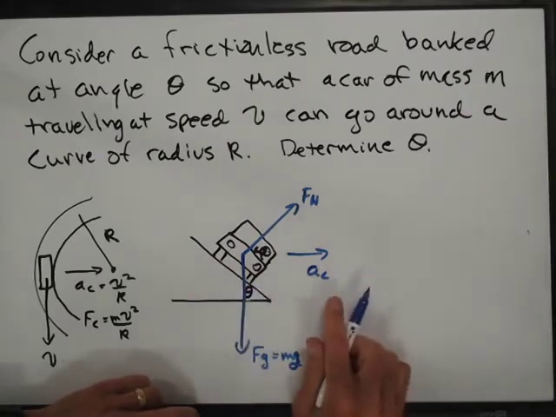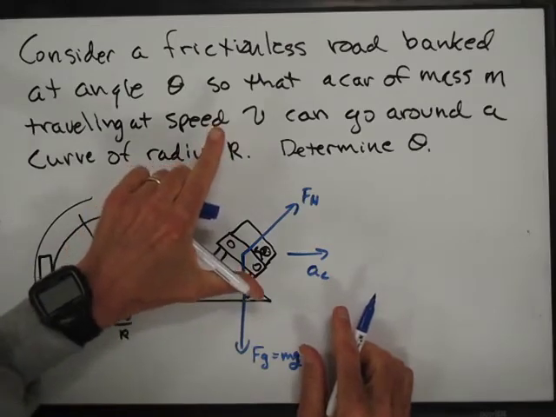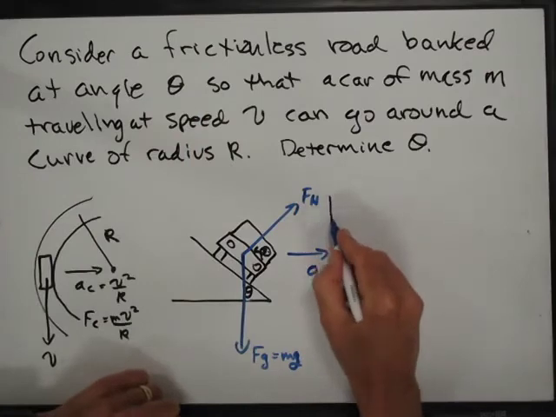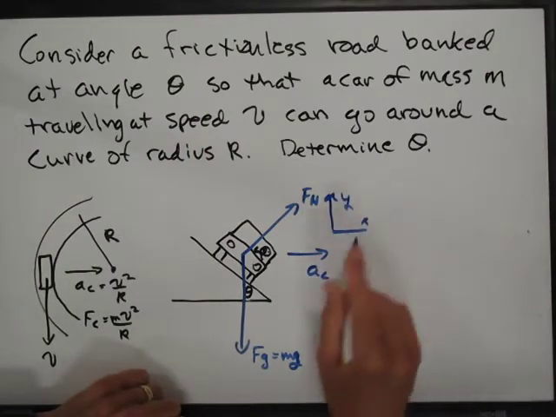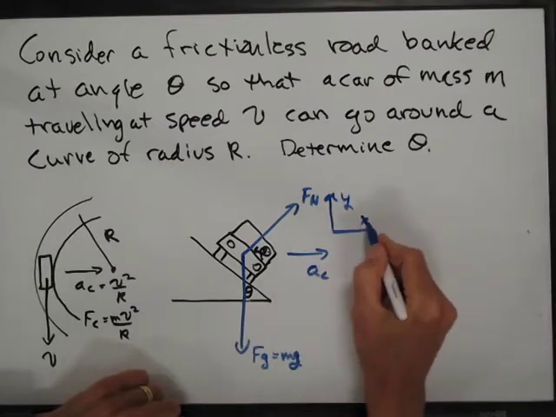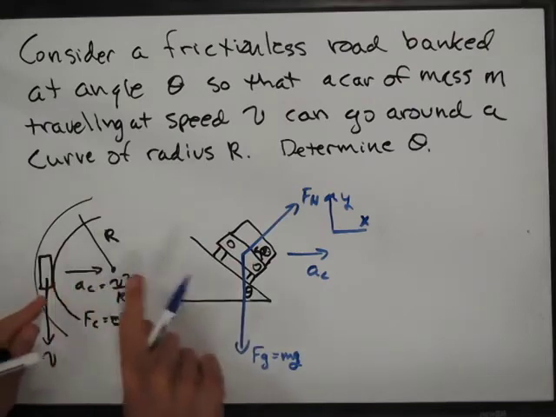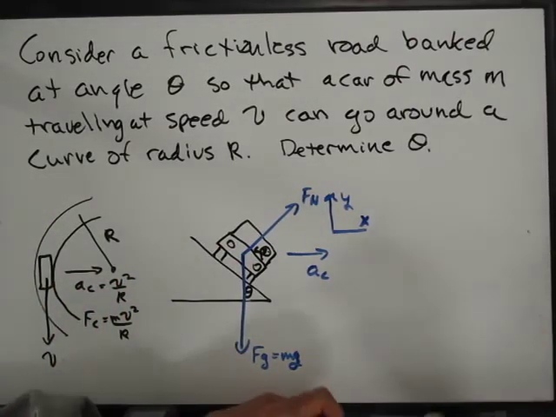When I draw a free body diagram, before we rotated our coordinate system for a tilted slope, but here our coordinate system is going to look like this if this were a free body diagram, because I want one axis along the acceleration. The acceleration is towards the center of the circle, which isn't down the slope, but towards the middle of the circle that the road is making.